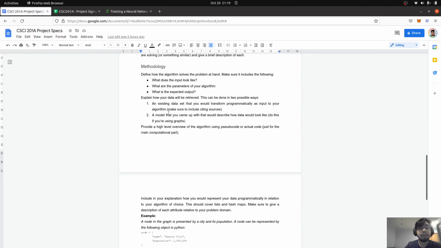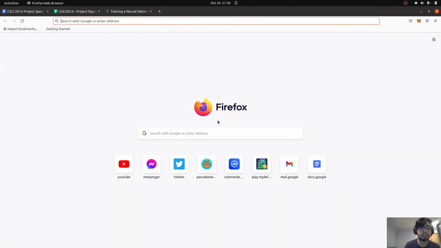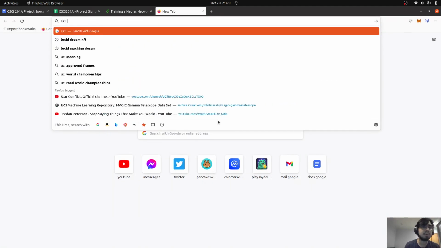Now, this can be done in 2 possible ways. If you are using existing data that you would transform programmatically as input to your algorithm, how would that data look like? Is it a CSV file? Are you extracting it from a database? Is it something that is publicly available? If it's something like a UCI machine learning dataset, I'll provide some sources for this as well.